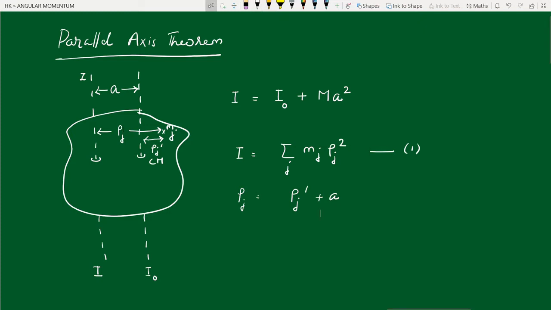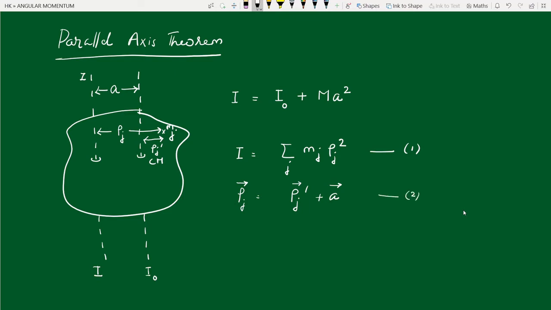This is rho j, the perpendicular distance of the jth particle from the z axis, the axis about which we want to calculate the moment of inertia, and that's equal to the perpendicular distance to the center of mass axis, which is rho j prime, plus the distance between the two axes, a. We can write this as a vector equation: rho j is equal to rho j prime plus a. Let us call it equation 2.